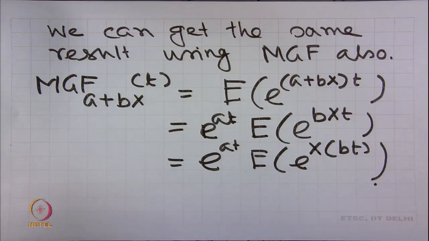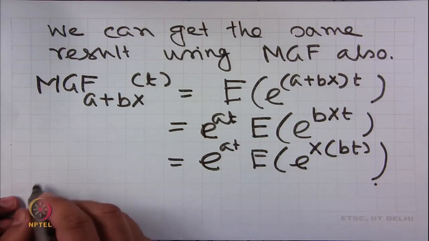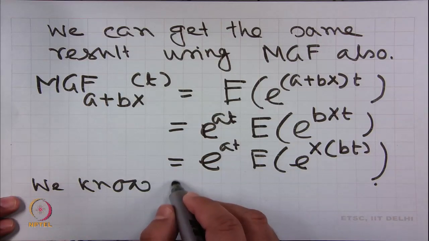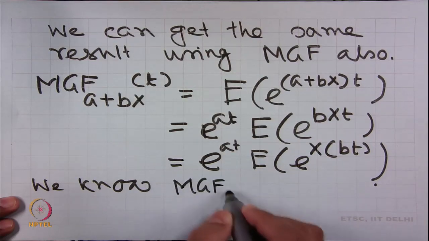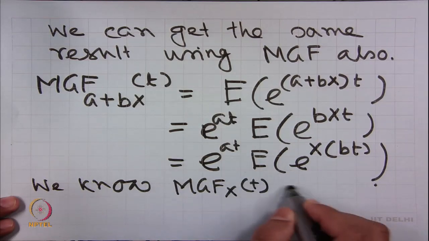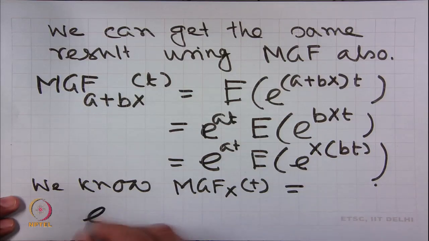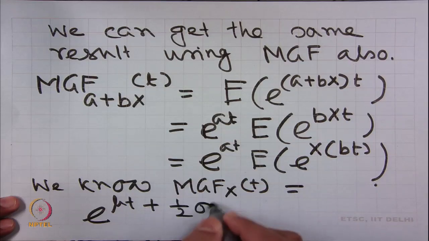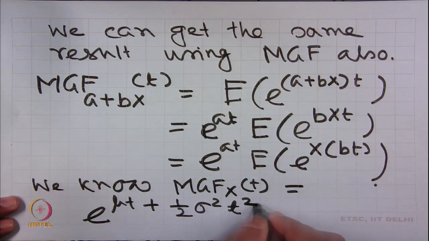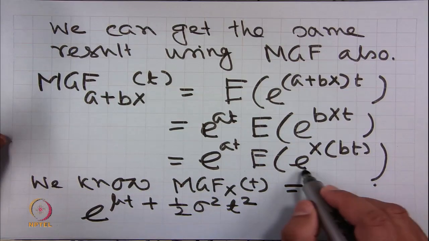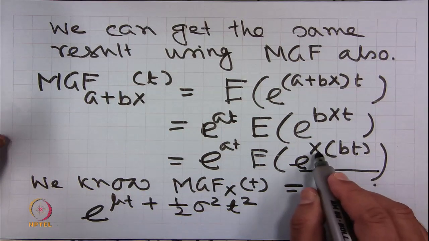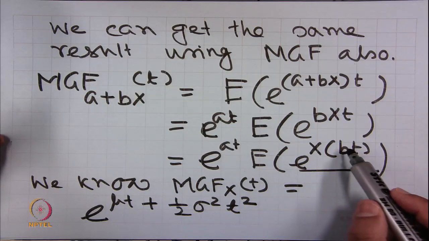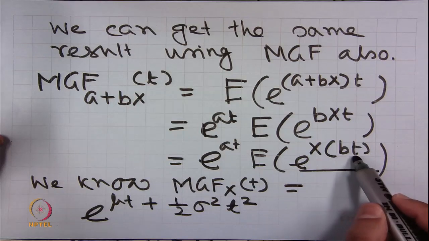Now, we know that the MGF of normal is e to the power mu t plus half sigma square t square. If we look at the term, we can find that it is basically the same term with t replaced by b t.